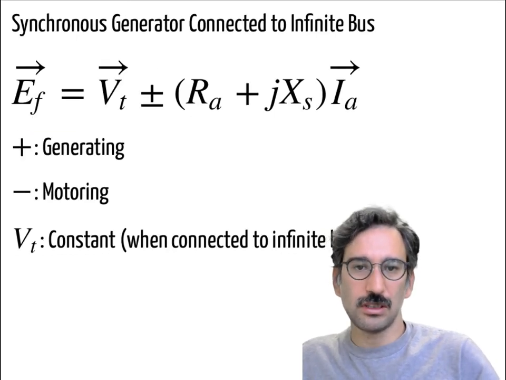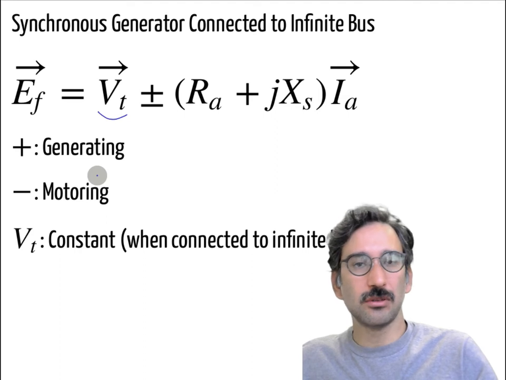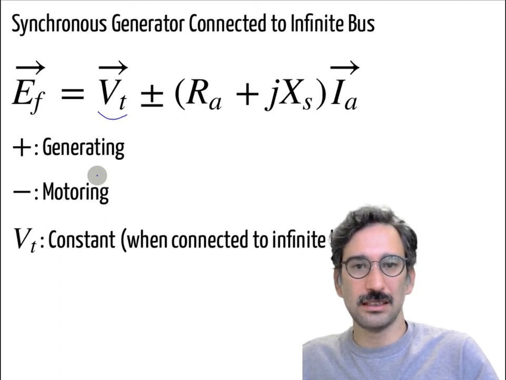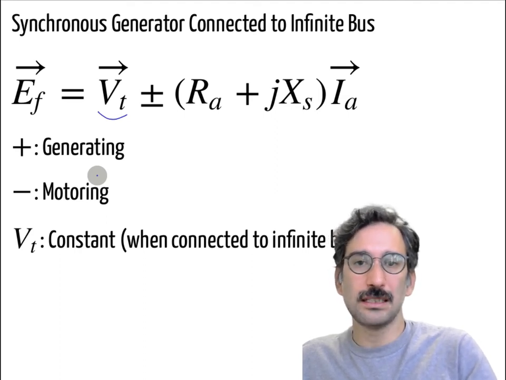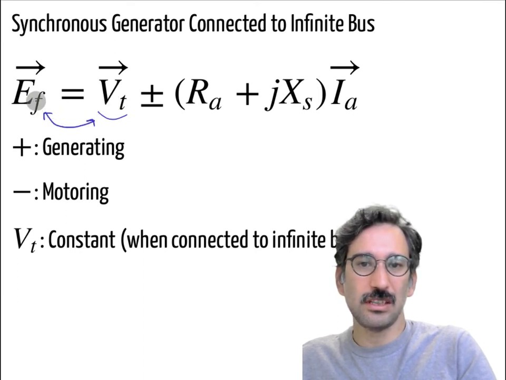So in our equation, it is again the same equation, but this time VT is constant. You have no control over it. So that means the relation between EF and VT determines the amount of current.